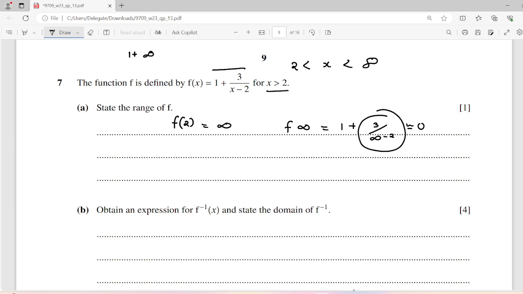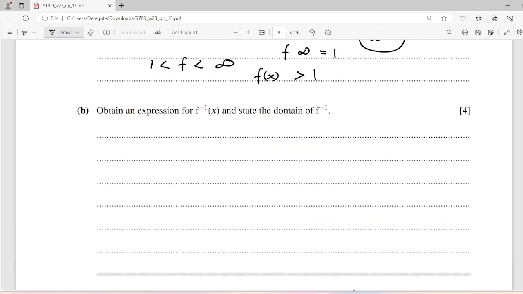Because if you have 3 over something really, really big, you'll get an answer like 0.000. So we say that it tends to 0. So meaning I will end up having my f of infinity being 1. So my range is 1 up to infinity. In short, it means my f(x) is greater than 1.